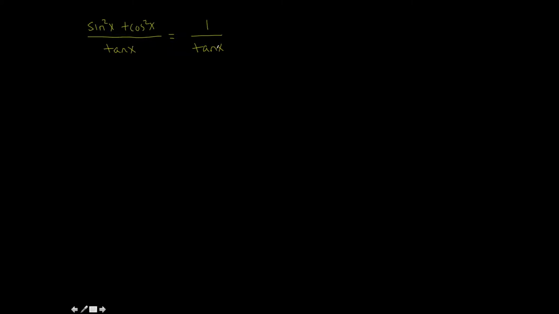Using your reciprocal identity, 1 over tangent x is cotangent x. We take larger scale problems and simplify them to things that we can work with. It's much harder to work sine squared x plus cosine squared x over tangent x than it is just regular cotangent x.